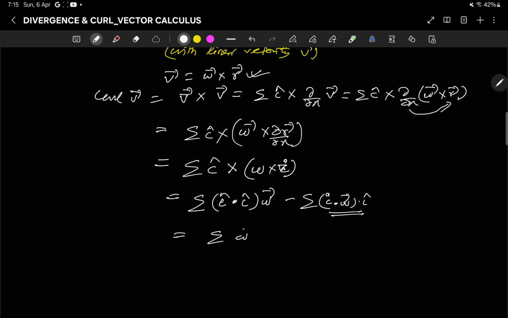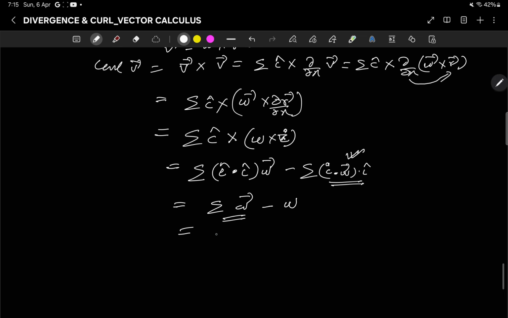So this is the summation of W minus W along the three directions I, J, K, which gives 3W minus W, so this is 2W. Therefore curl of V is twice the angular velocity.